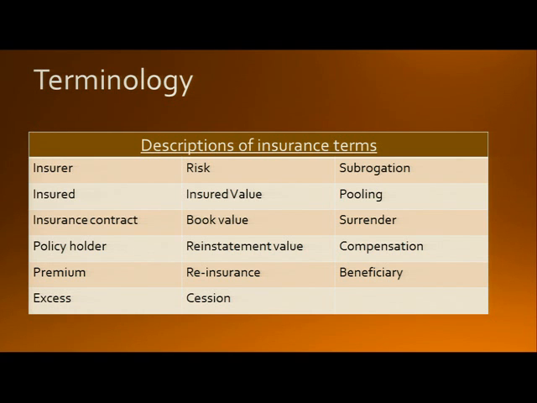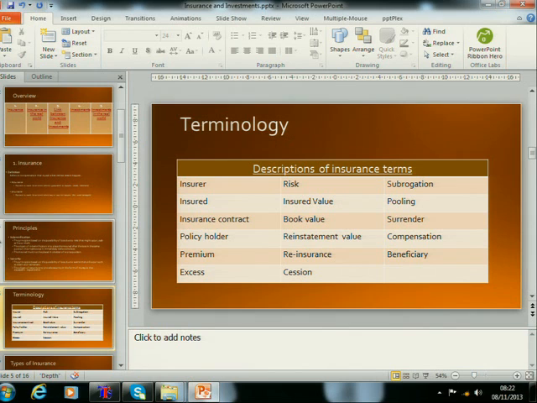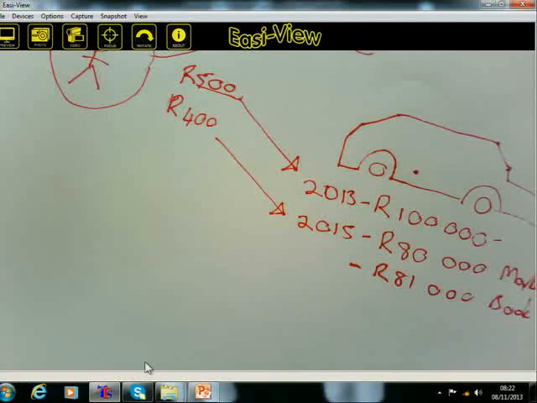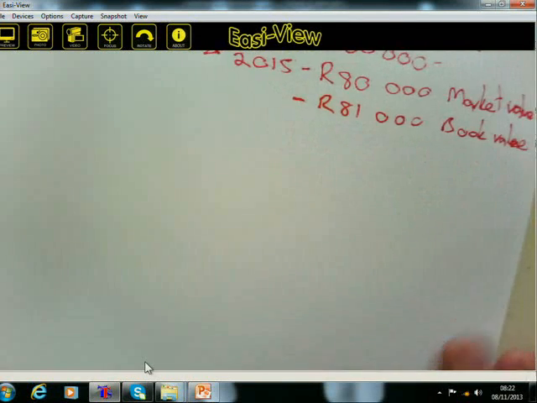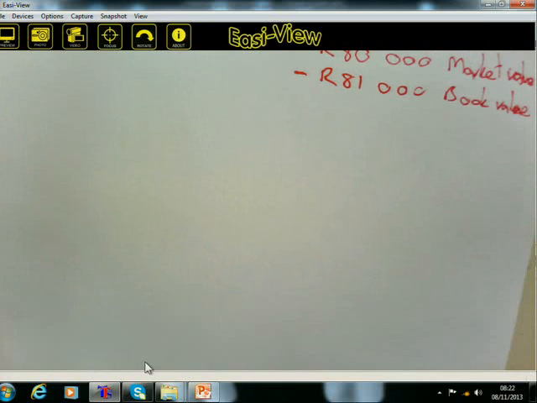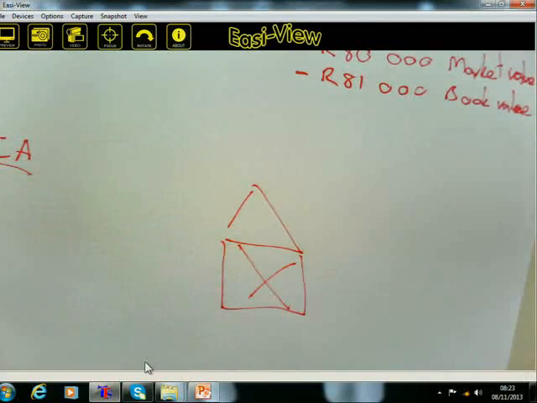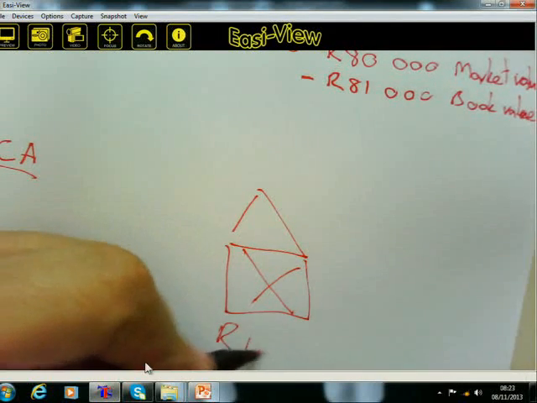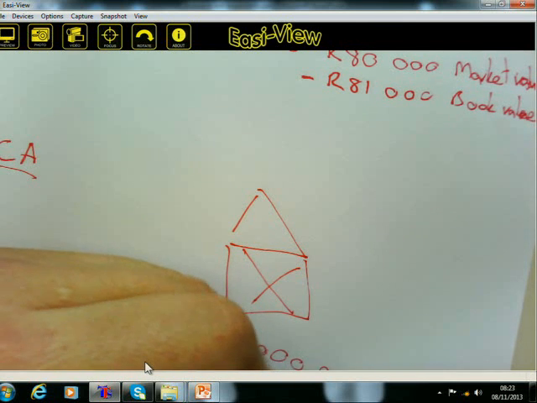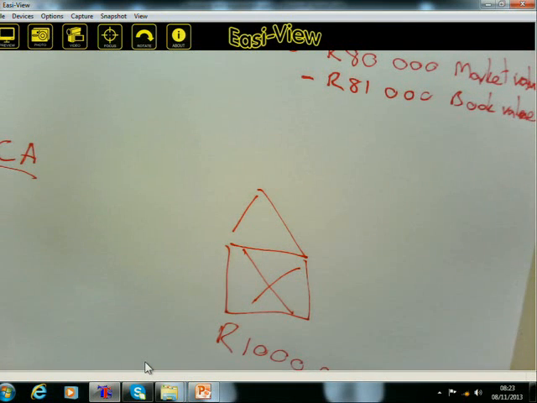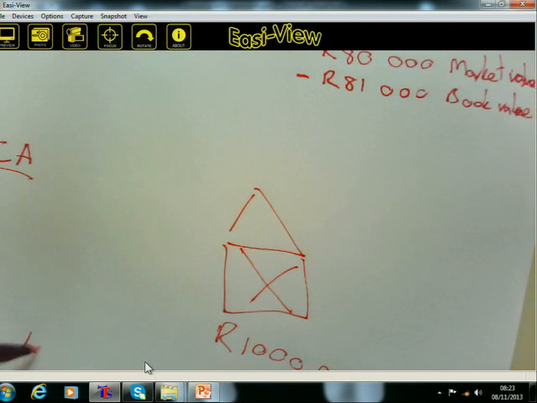Now, you guys know at least something about the National Credit Act, and I would like to explain this to you as well, if we can just move along. The National Credit Act says that if I buy a house, let's say the house costs R1 million, this house has to be covered by life insurance.